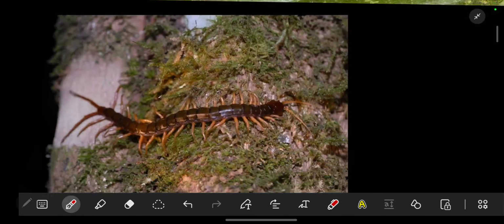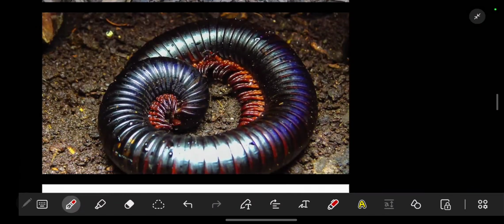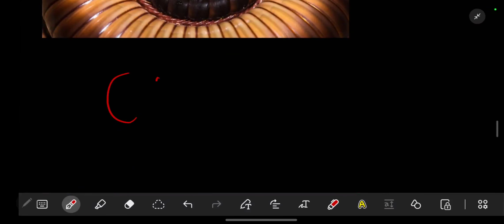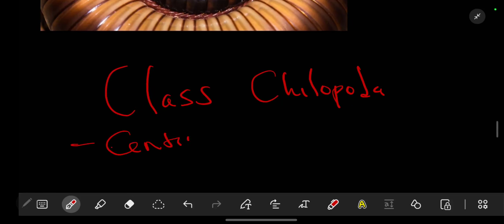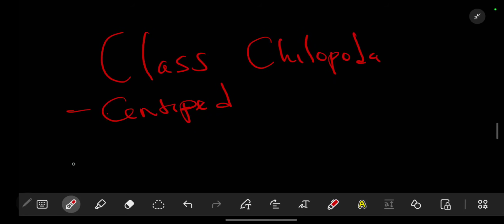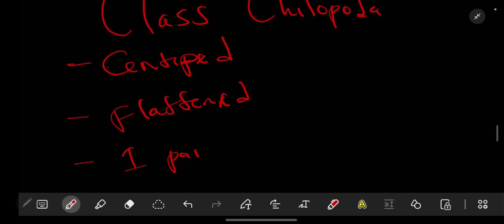Now let's look at what we have talked about under the class, not Phylum, so be very careful. The Phylum is Arthropoda. Then the class is Chilopoda. Chilopoda, the common example is the centipede. The characteristics we have talked about are mainly that they are flattened, that's number one. They have one pair of legs.